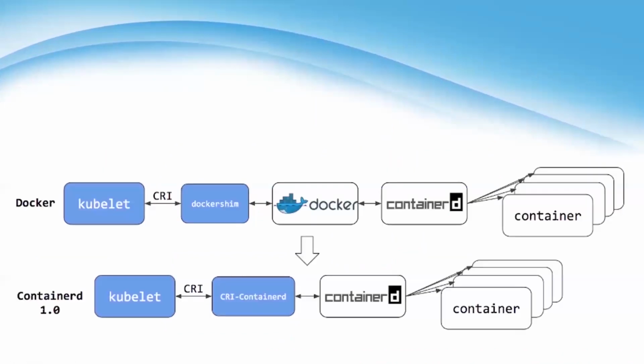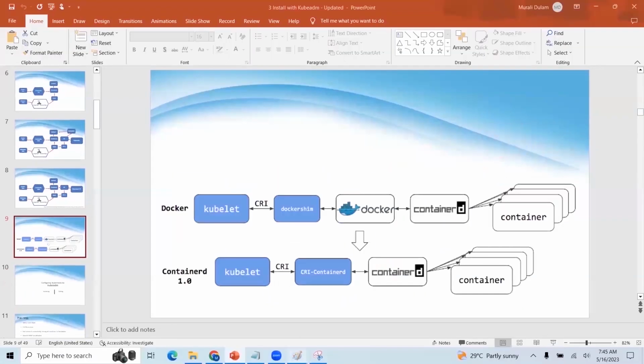Just see the previous setup: kubelet and CRI, Docker shim. After that, Docker and containerd. Here they deprecated Docker. If you want to use Docker, we can install CRI and use that. There won't be any change for the Dockerfile.